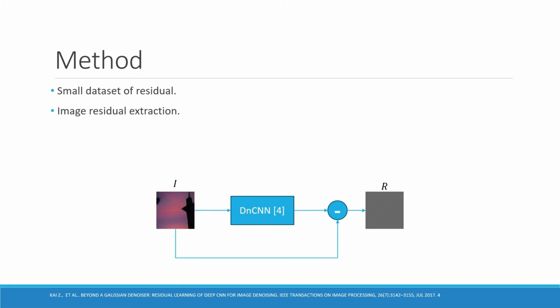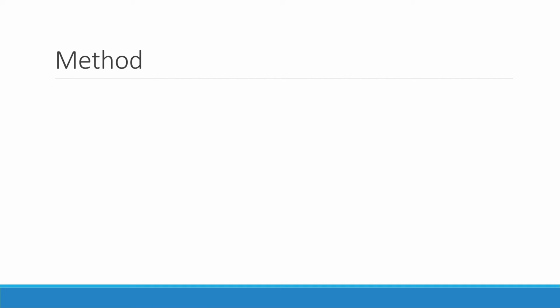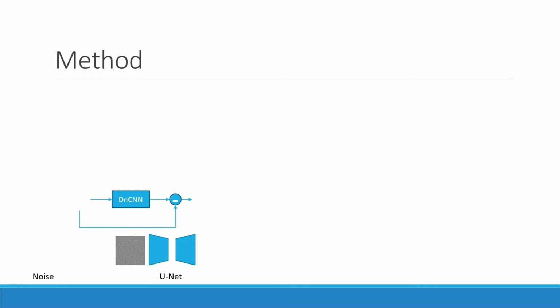In our method, first we extract the image residual with a DnCNN denoiser. This denoiser is trained prior to our optimization process and is not updated during the training. Now I will guide you through one of the forward pass iterations. So first thing we do is generate the fingerprint from the noise with our model. Then we take an image, extract its residual, and calculate the correlation value.